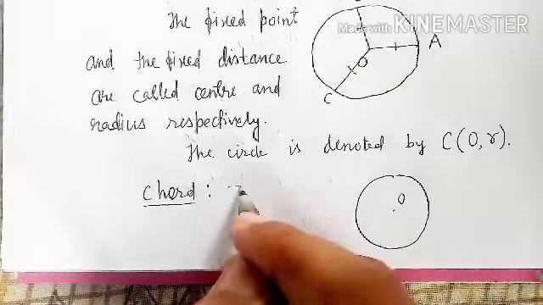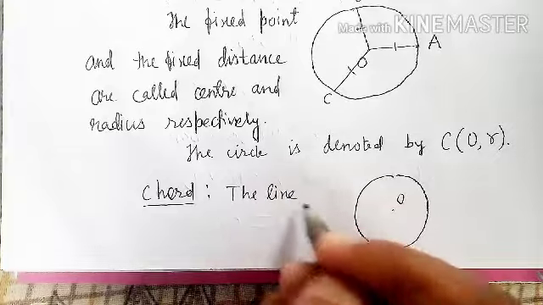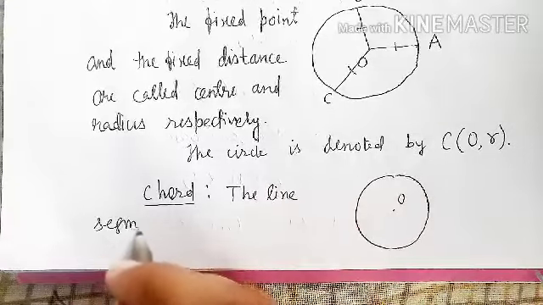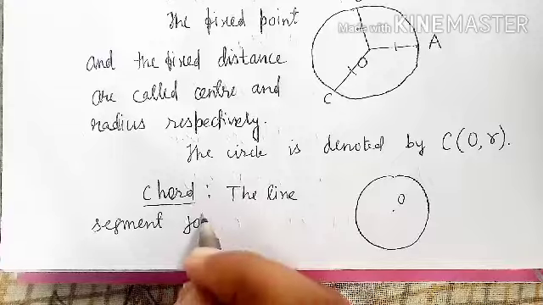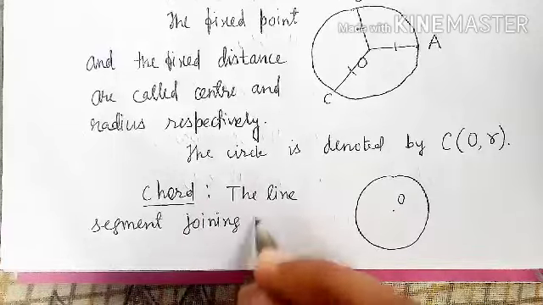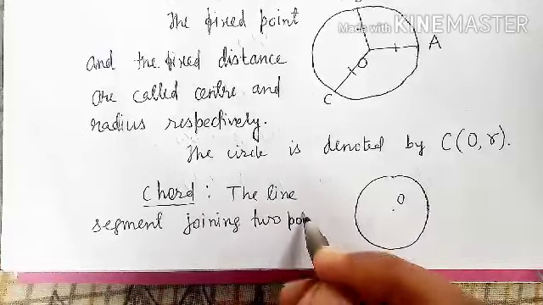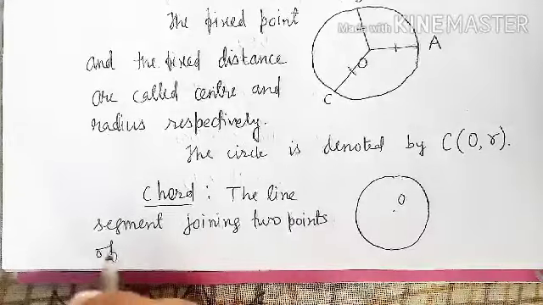Chord: the line segment joining 2 points of a circle.